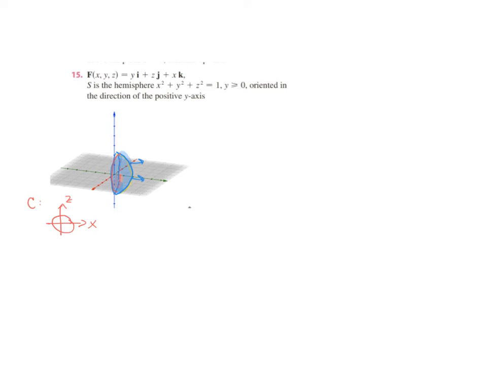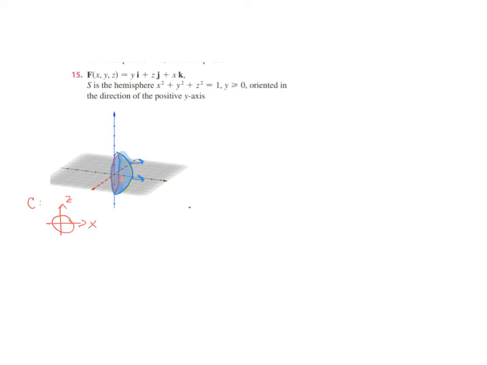Now before I parameterize that, I need to think about what the positive direction for that curve will be. So in this case, y is playing z's role, and so on. The way that we talked about the direction of travel is if I were to walk along this curve with my head pointing in the direction of the positive surface, I would need the surface on my left.